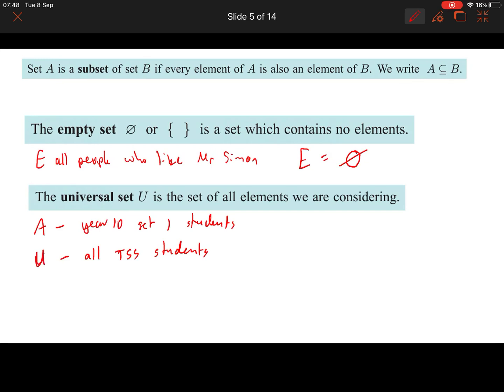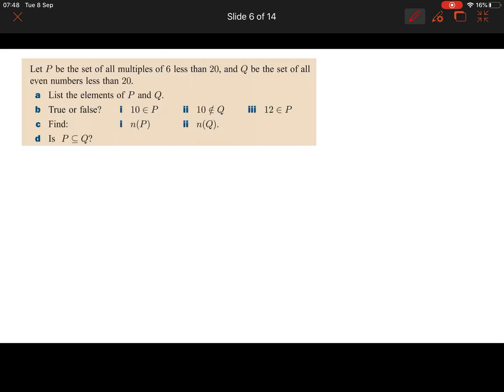Then perhaps the universal set is all TSS students. U basically just defines all of the elements that we need to consider, and we make up what that is depending on the problem we have, to help us solve it. So the universal set can change from problem to problem.